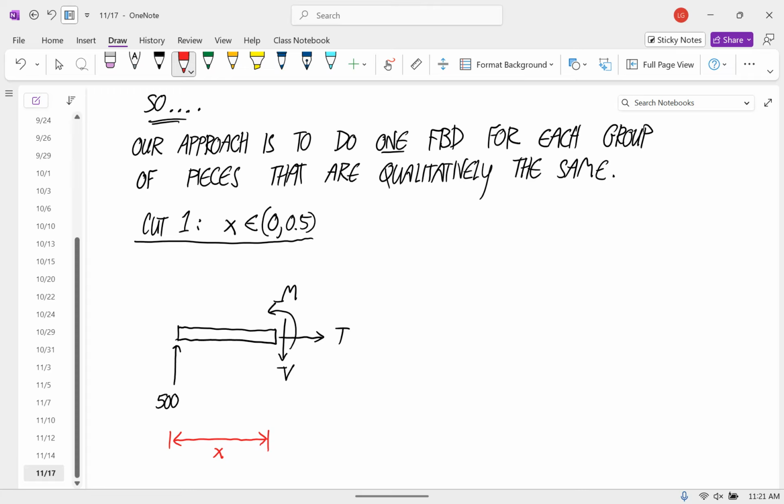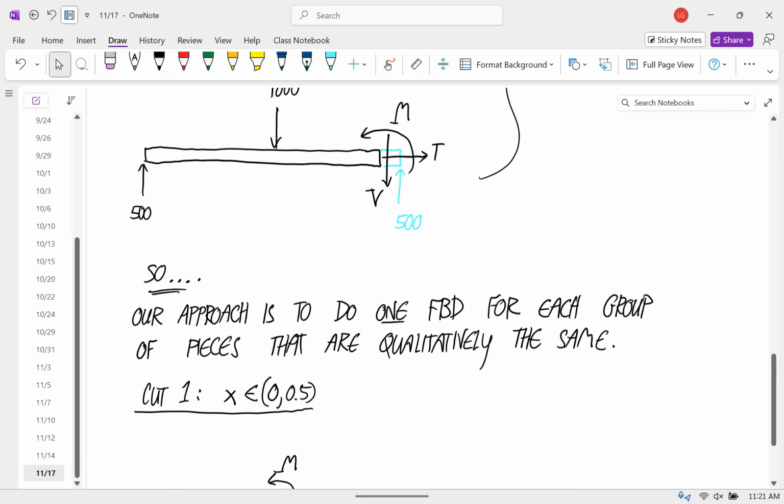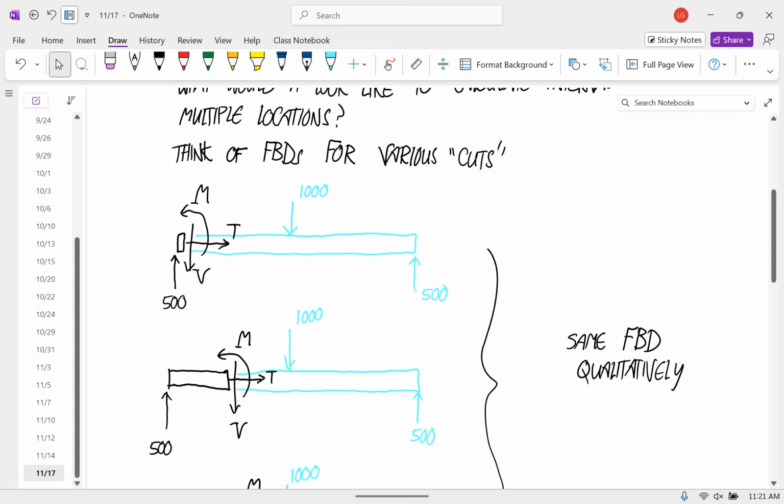But notice that if this x is equal to 0.05, say, then that'll give us the values for this little tiny piece. And if that x is 0.25, it'll give us the values for this second piece.